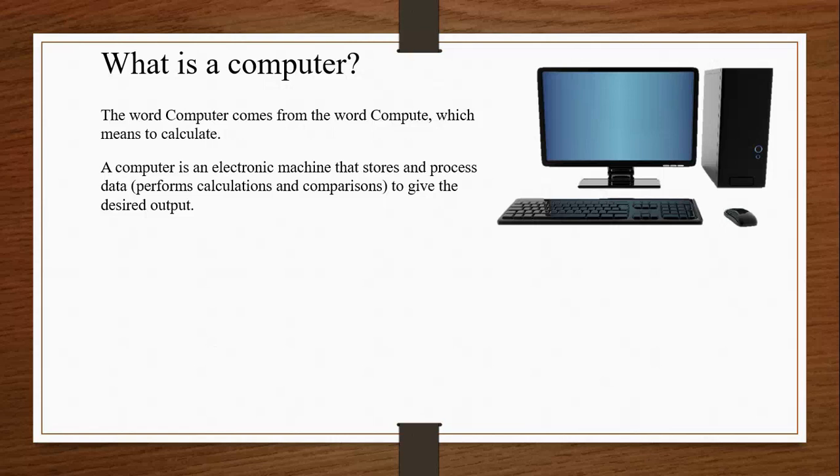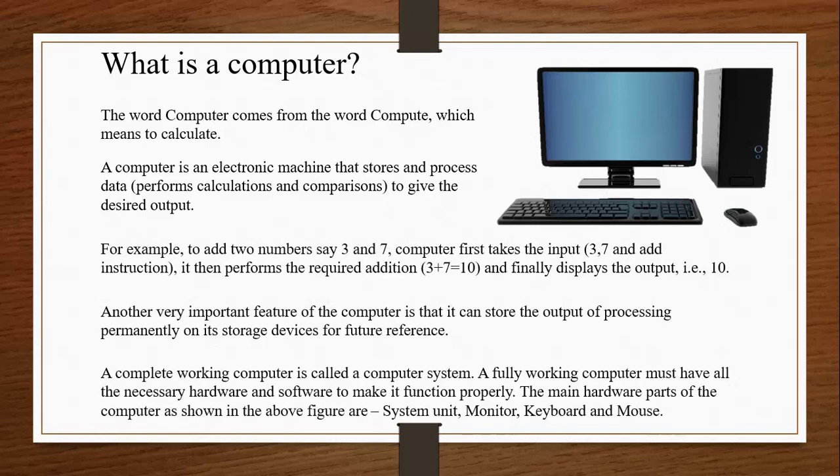Listen to it carefully. An electronic machine that stores and processes data, performs calculation and comparison to give desired output is known as computer. For example, to add two numbers, say 3 and 7, computer first takes the input 3 and 7 and the add instruction.